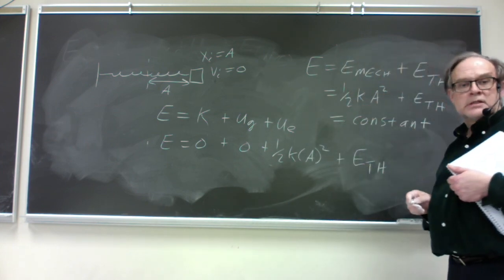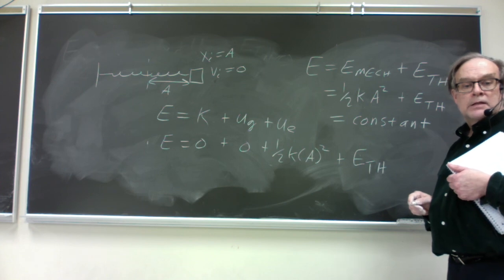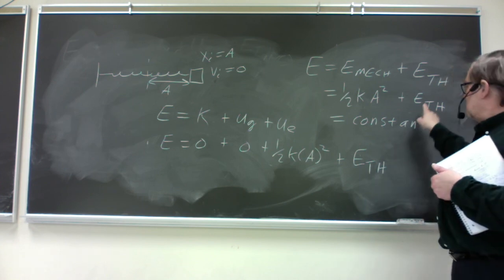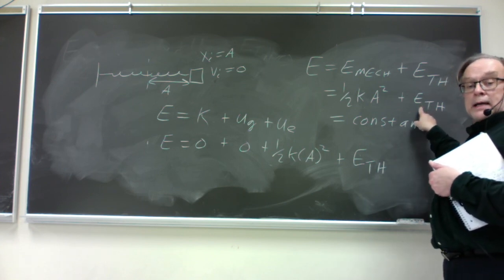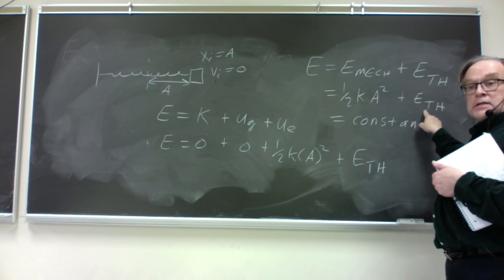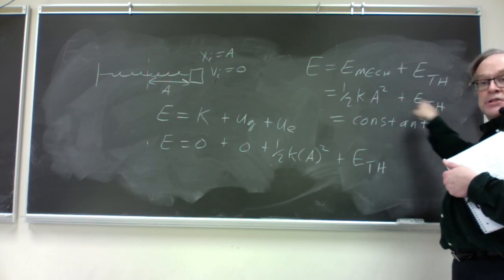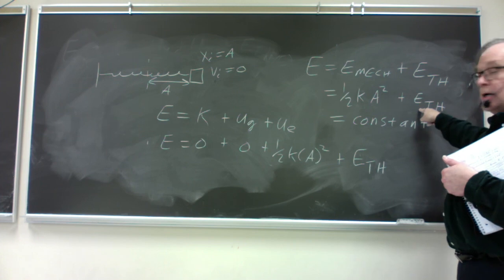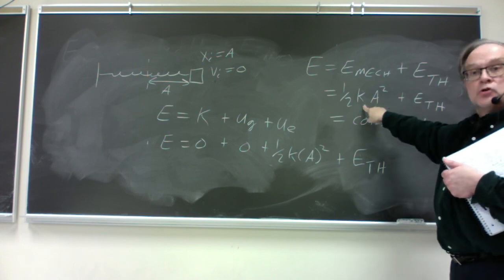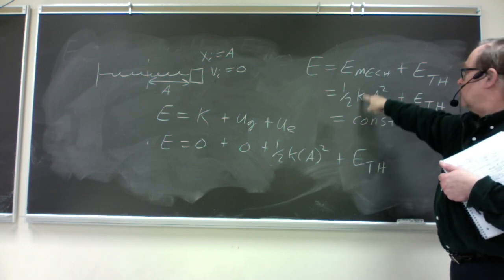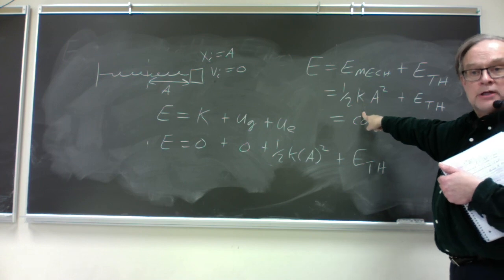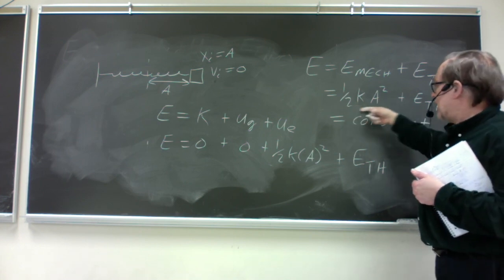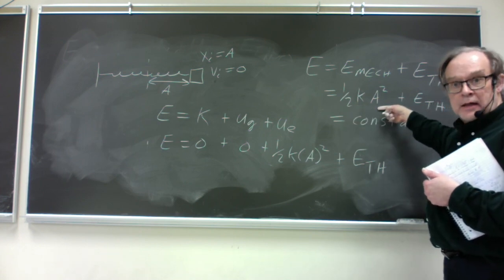That sum stays constant. And since there's no friction in this case, there's no way to gain thermal energy, so that stays constant as well. So the sum is constant, that term is constant, so that term is constant. Or in other words, the mechanical energy always has this value.